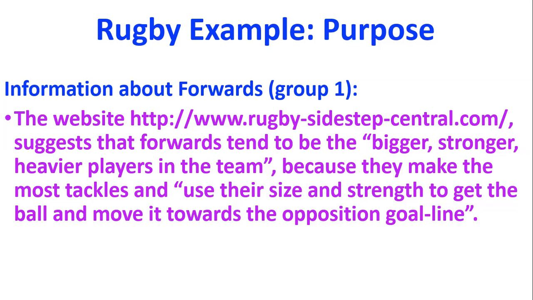And the reason they suggest that is because they make the most tackles, and they use their size and strength to get the ball and move it towards the opposition goal line. So I've come up with some more information. I'm finding out what my group is, my forwards, would they be heavier, would they be lighter, and why, what's some reasoning behind that.